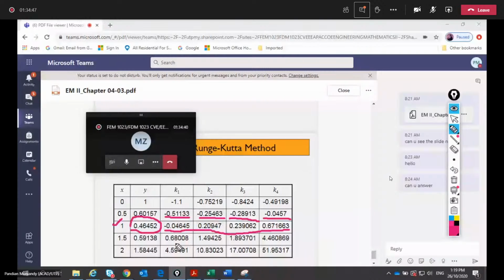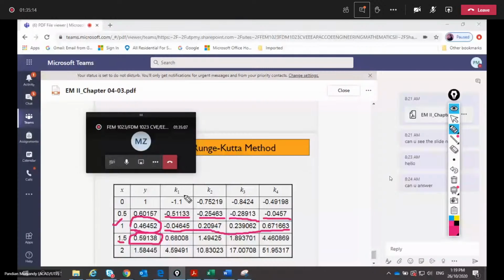So using K1, K2, K3, K4, you predict your Y. When X is 1.5, the answer is 0.59138. So use this X 1.5, Y 0.59138. Go back to the previous formula, K1, you will find 0.68008.